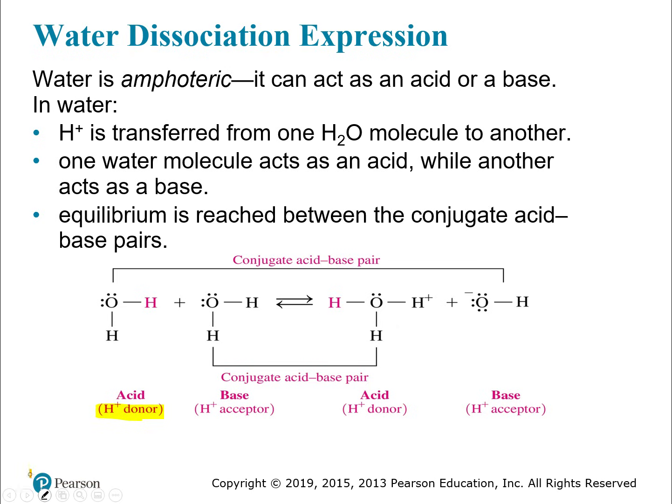A base will accept that hydrogen. So if we have one of our water molecules saying, hey, someone can have this hydrogen here, and the base says, sure, I'll take it, so it adds on, and you form a conjugate acid and a conjugate base.